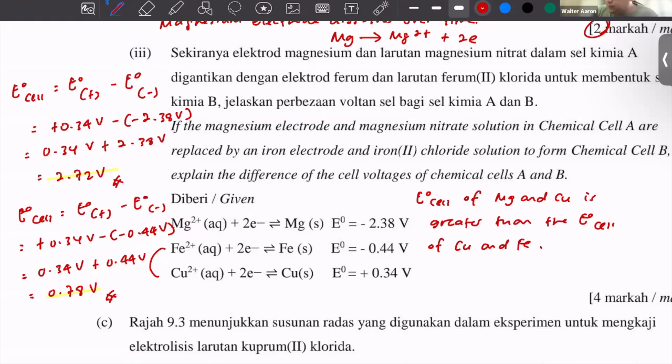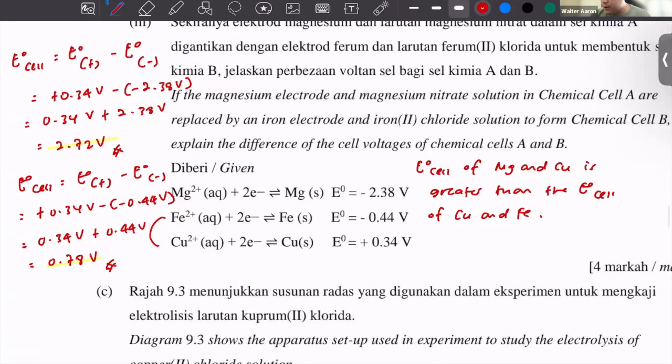And after that, you can say that the greater the difference in the value of standard electropotential pairs of metals, the greater the voltage reading. So that's the last mark they can get. Okay.